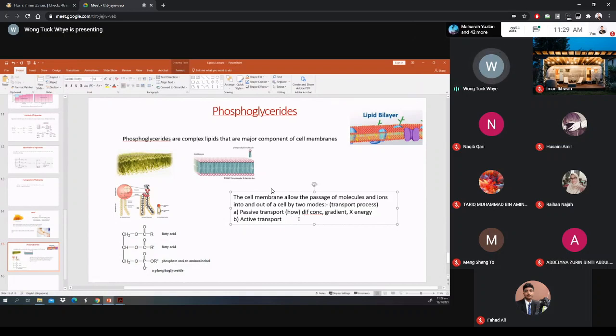And for the active, definitely you need energy. When you need energy, that is a negative gradient. If it is a positive gradient, you don't need energy. So it seems that you want to climb from the lower concentration side to the higher concentration area. So you need energy in order to support the mechanism.